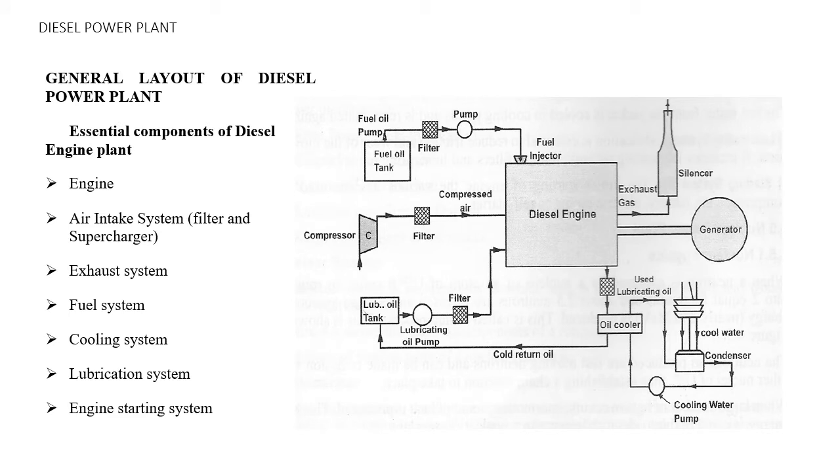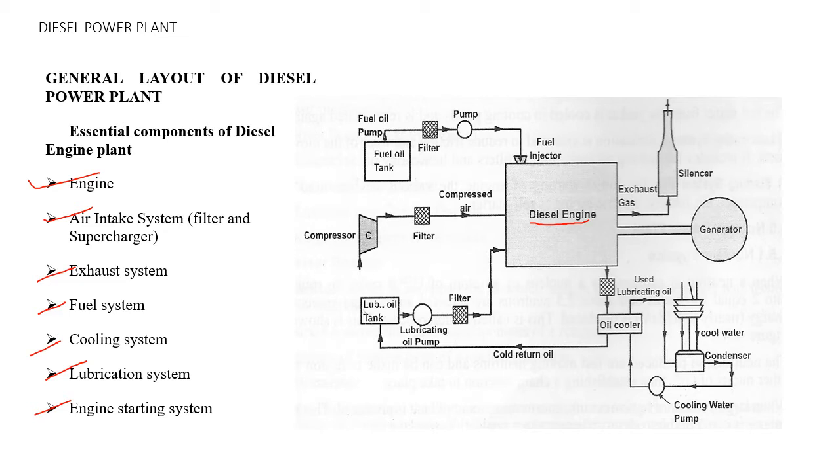Next topic is layout of diesel power plant. The main component of diesel power plant is the engine, and we have air intake system, exhaust system, fuel supply system, cooling system, lubrication system, and at last engine starting system. These are the main components of diesel power plant. On the right hand side you can see the sketch.